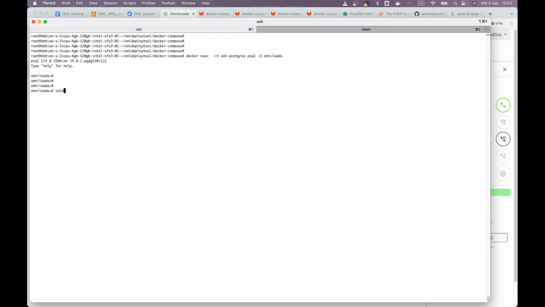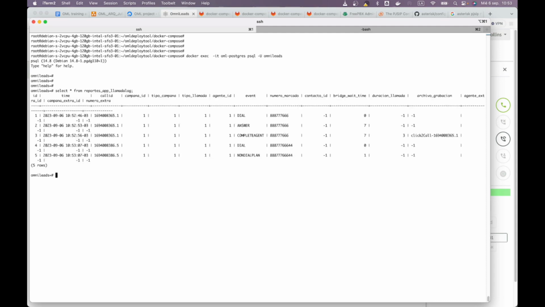And let's see, for example, we see that one call was placed and the other was registered in Postgres as no dial plan, which was the one I tried to dial with more than 9 digits. So this way we can also see how secure our platform is.